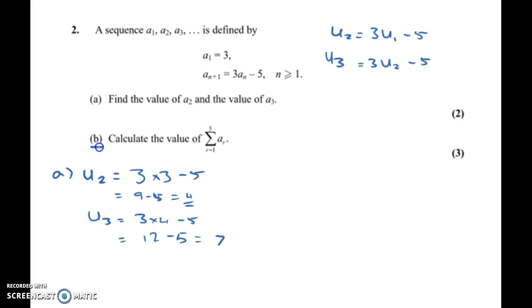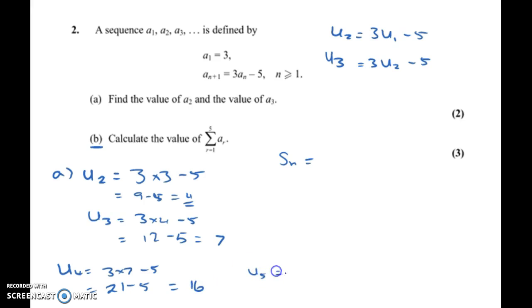Part B, we want to sum the first 5 terms. Now we could use our Sn formula, but as we've already got the first term, the second term and the third term, it's probably much easier just to find the fourth term and the fifth term and add them together. So the fourth term is 3 times 7 take away 5, which is 21 take 5, which is 16.